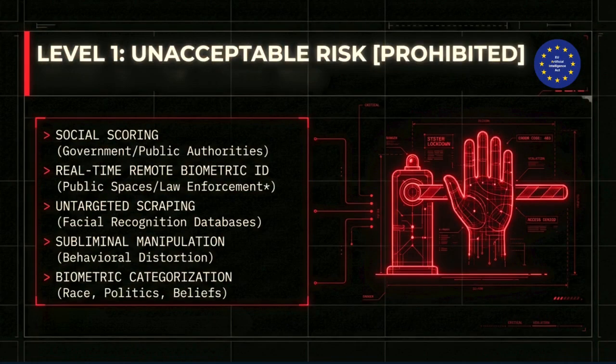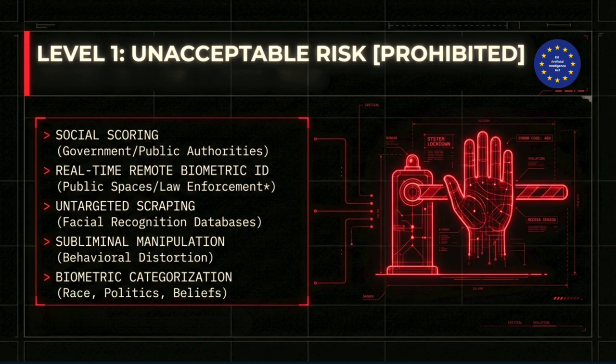The first tier is the red light tier, which is unacceptable in the EU, in the European Union. AI at this level is strictly prohibited. This includes things like social scoring by the government, like the government of China uses, but the EU does not allow it, and real-time biometric ID in public spaces for law enforcement.